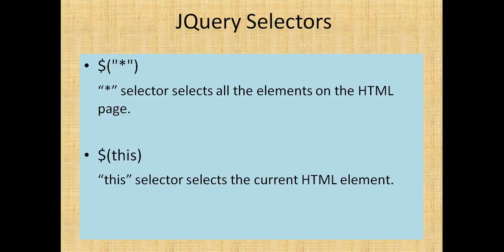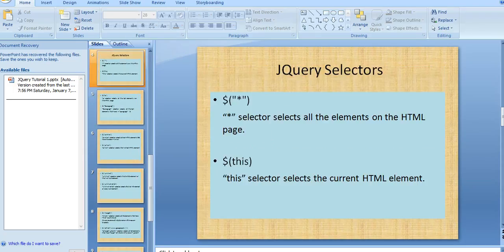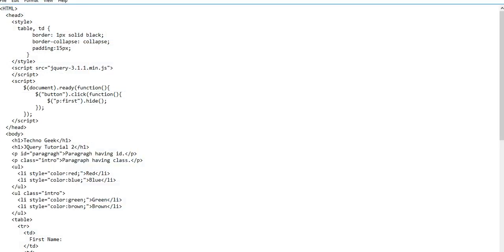The first one that we'll be looking at is the asterisk selector. The asterisk selector selects all the elements on the HTML page, and then you can perform the desired actions on those elements. Let's see how we can use it in our code. This is the HTML code that I've written.